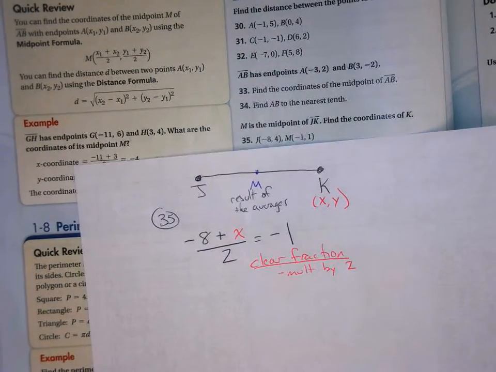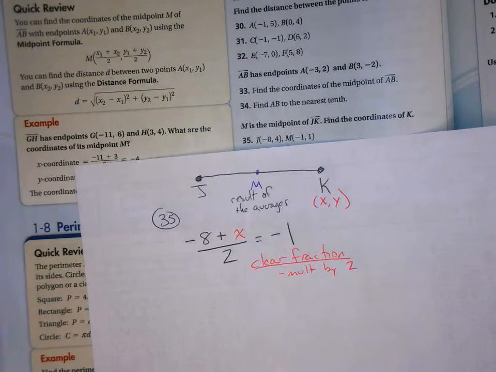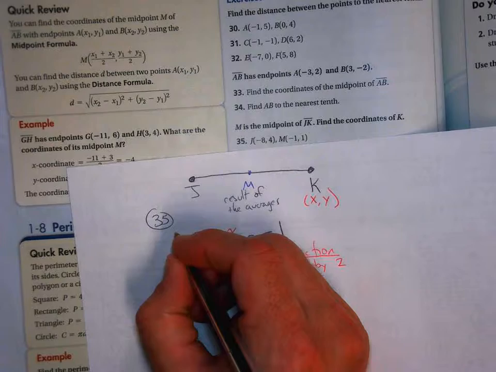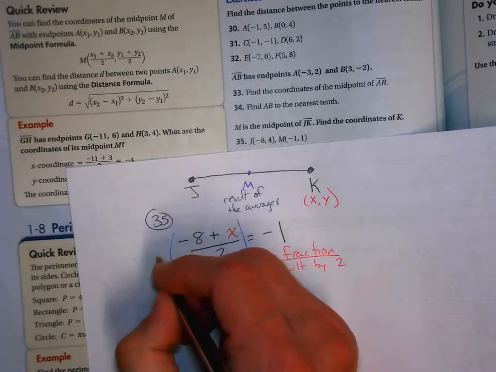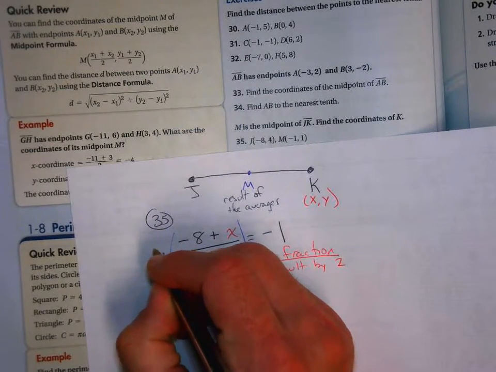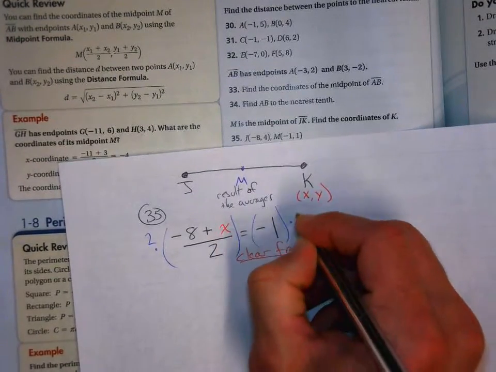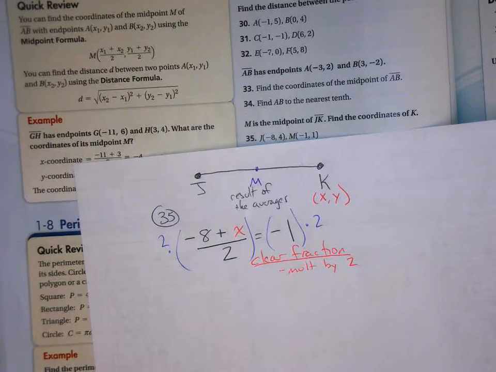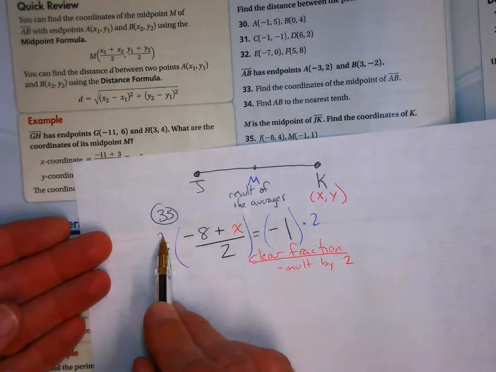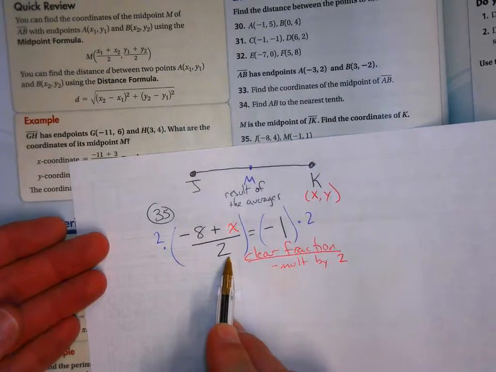And if we multiply both sides by 2, we see something kind of cool. The entire left-hand side, we're going to multiply by 2. And then the entire right-hand side, we're going to multiply by 2. And then something cool happens. On the left-hand side, 2 in the numerator, 2 in the denominator, that is the number 1.